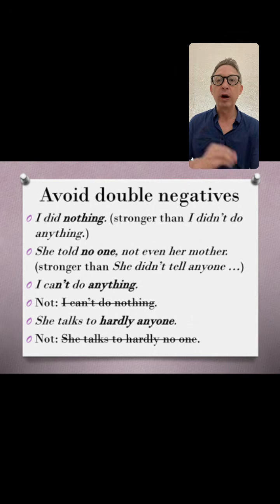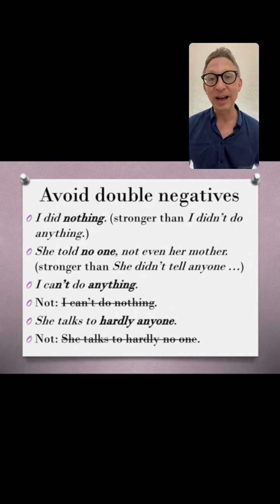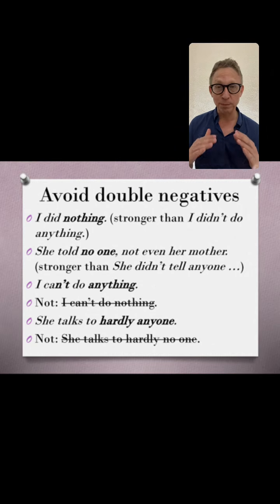She told no one. She didn't tell anyone. So she told no one is clear because you're telling exactly zero people. Anyone, it's implied zero. Now here's where we have the double negatives that you must avoid. I can't do anything.